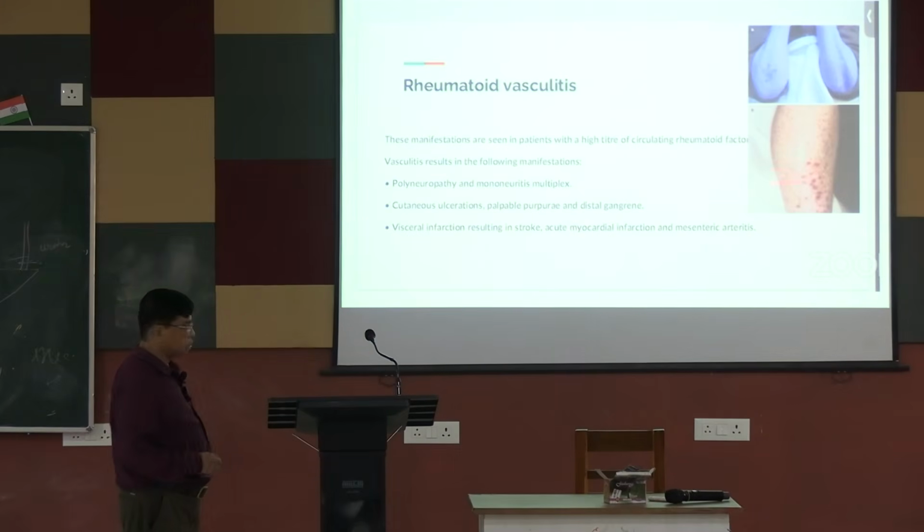They have these features of digital gangrene. Some signs and symptoms are particular to some diseases but can occur in any of the diseases. So digital gangrene is a hallmark of systemic sclerosis but can also occur in rheumatoid arthritis. Visceral infarction causing stroke and myocardial infarction may be there because of vasculitis. Vasculitis can cause stroke, and can cause myocardial infarction also.